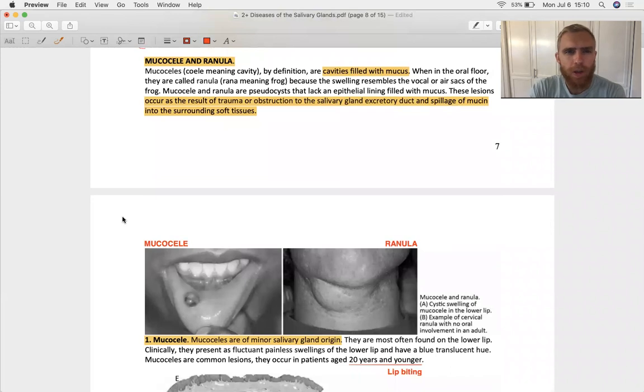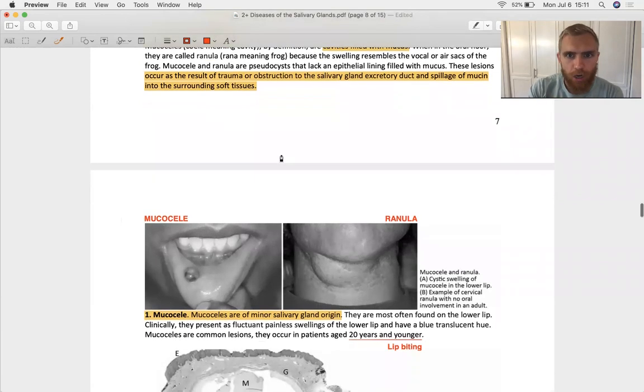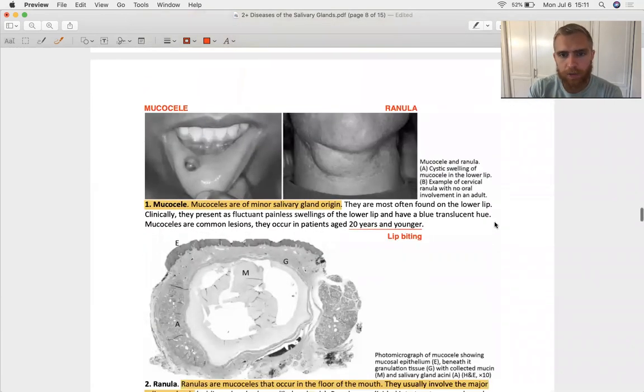So a mucocele and a ranula, they're cavities filled with mucus, and they result from trauma, lip biting, lip piercing, maybe hits like boxing, football, basketball, you catch an elbow, baseball, get hit in the teeth. A lot of sports-related injuries here could potentially cause it. Could also be due to obstruction of a minor salivary gland duct.